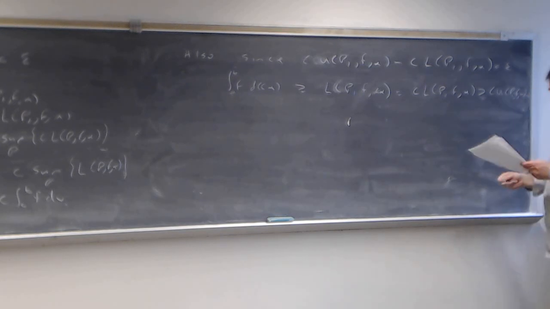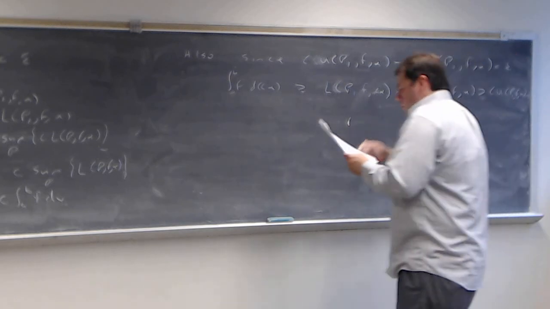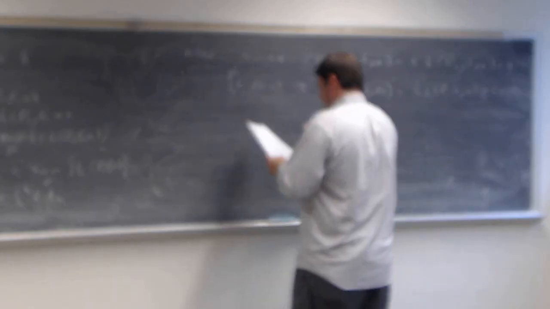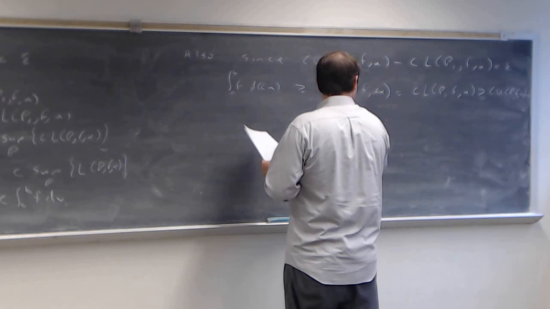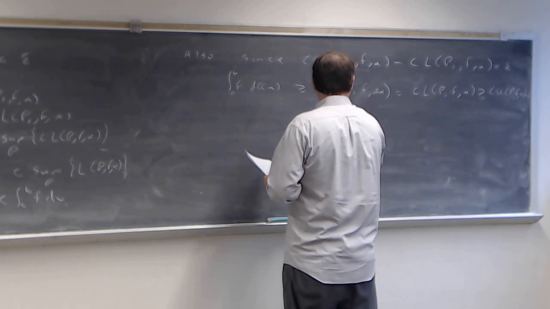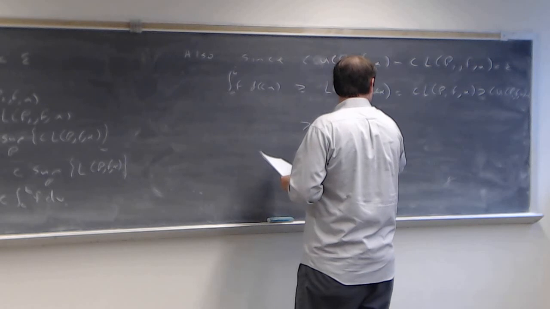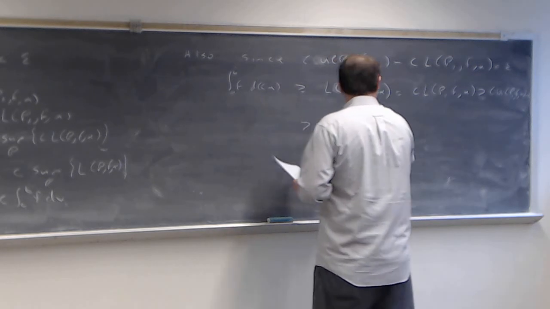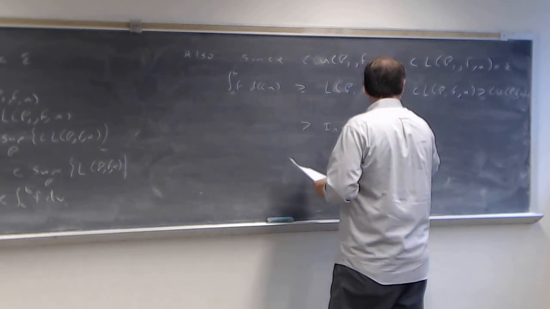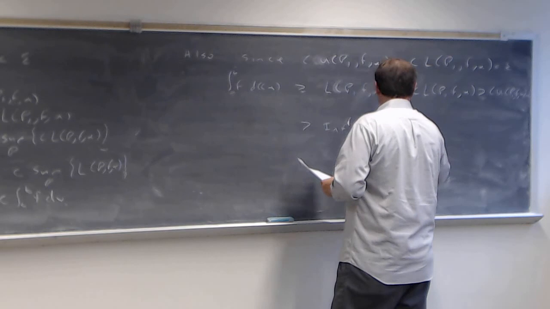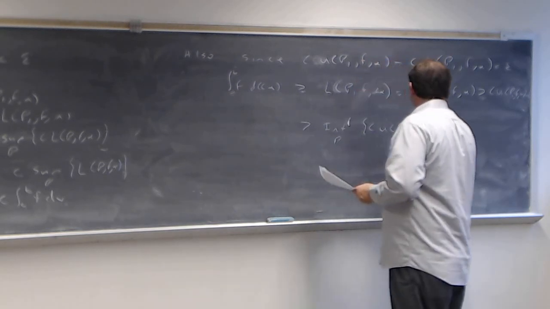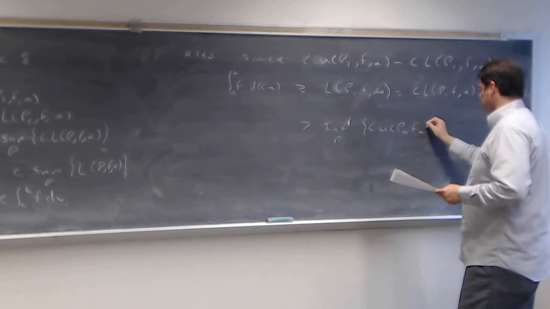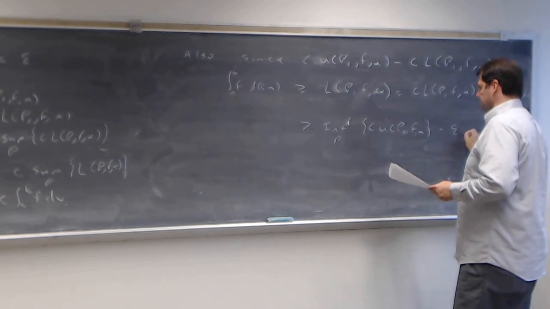So that's going to be greater than the infimum over all partitions of C times the upper sums, alpha, minus epsilon.